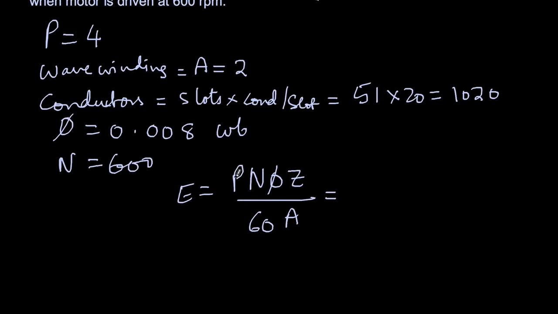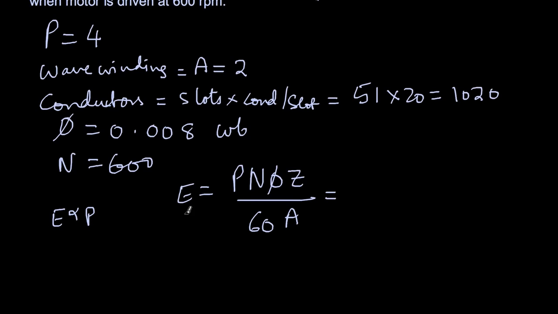See, what happens if I provide more poles? There are going to be more flux and more flux linkages. Therefore, E is proportional to P. A 4-pole machine will generate lesser voltage compared to an 8-pole machine, all other things remaining constant. That is logical.